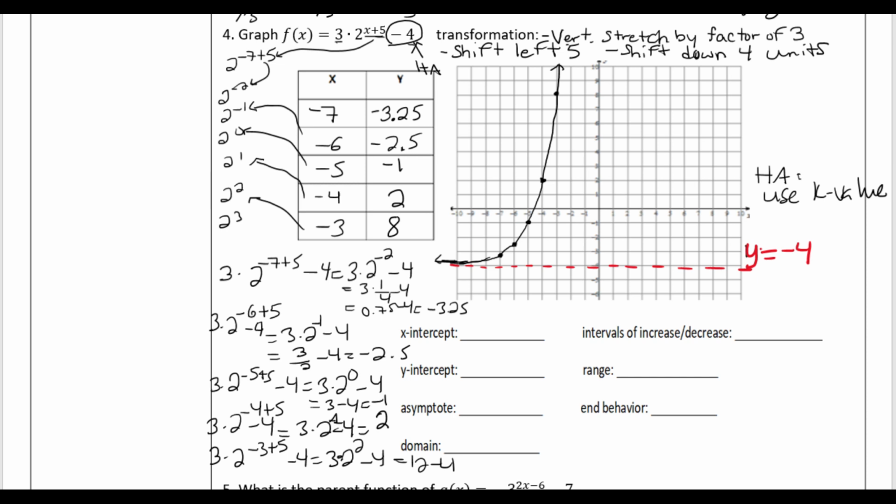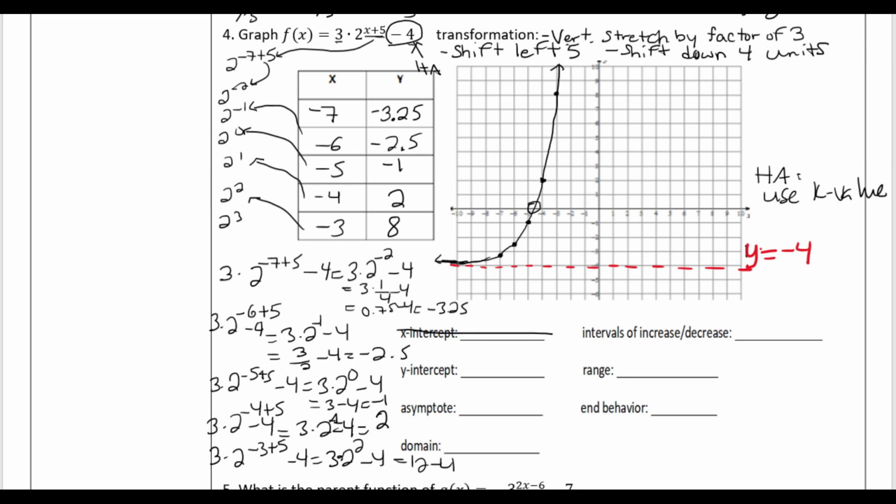All right, so now let's do the X-Intercept. This one actually has an X-Intercept, so it will no longer be none because it's crossing here. However, we will not learn how to determine X-Intercepts until later in the chapter. So we're not going to do X-Intercepts for this yet, so we're going to cross this out.